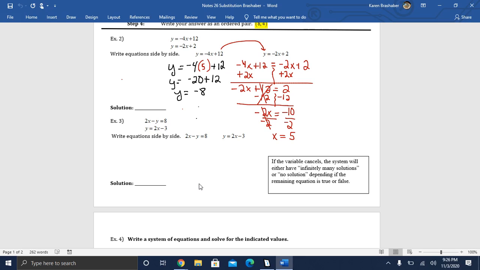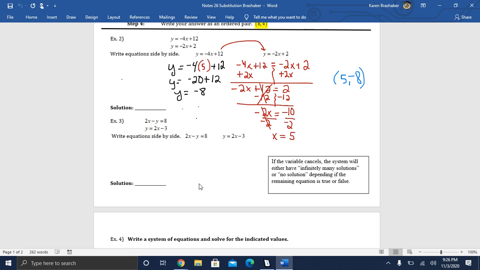I have both my x and my y, and so my ordered pair solution, putting the x first, would be 5, and then my y, -8. Remember that your solution is the ordered pair that would make both equations true.